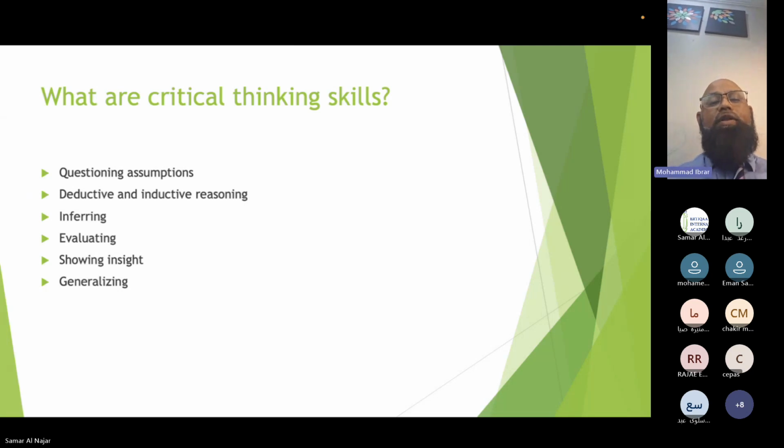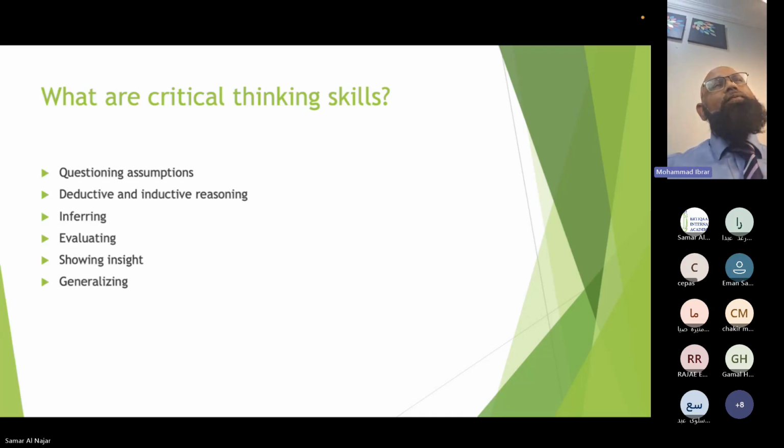Now, what are critical thinking skills? Questioning assumptions. So you ask a lot of questions in class, but you design questions in such a way that they help you pull out information from your students. And deductive and inductive reasoning are also about critical thinking. Deductive reasoning is when you move from general assumptions to specific ones.